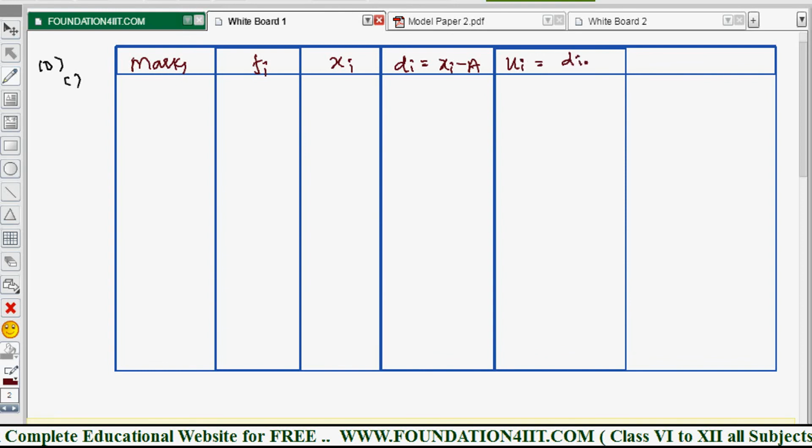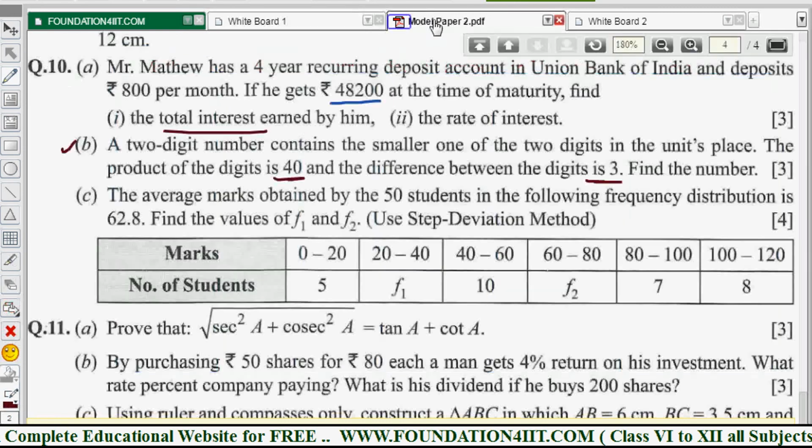So di by the class interval, the difference is 20 according to the problem, so we will take 20. Then fi and ui we need to multiply. According to the table, 0 to 20, 20 to 40, till 100 to 120, and frequencies 5, F1, 10, F2, 7, 8. Total 50 students, so the n value is 50.